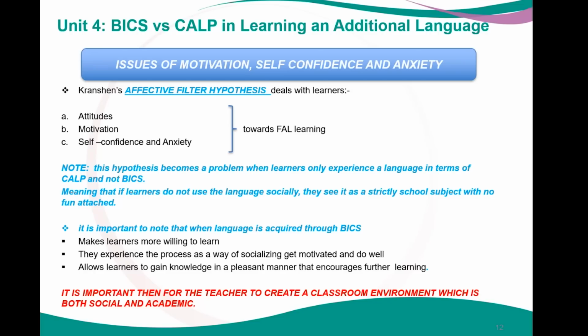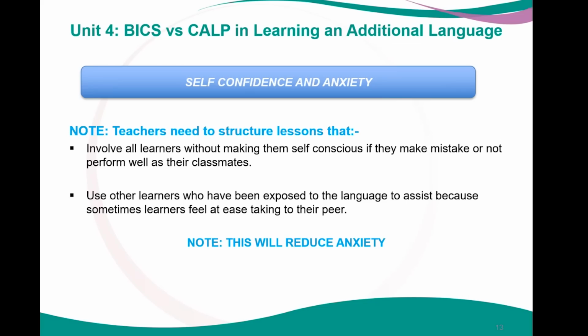It is important then for teachers to create a classroom environment which is both social and academic. If we go to Unit 4, Krashen and Cummins, self-confidence and anxiety, you need to understand that.